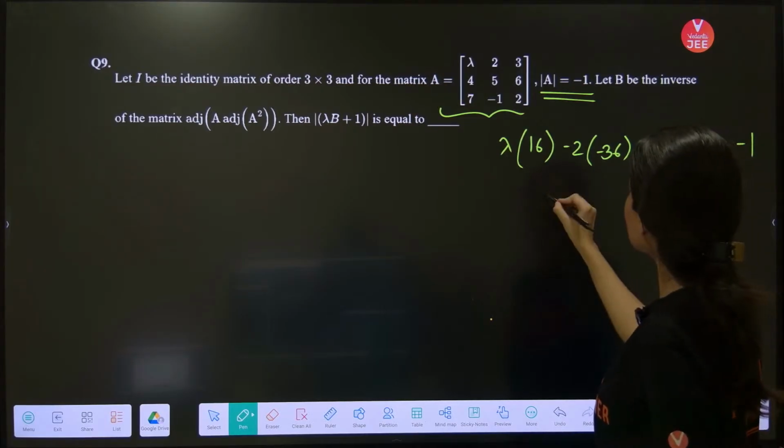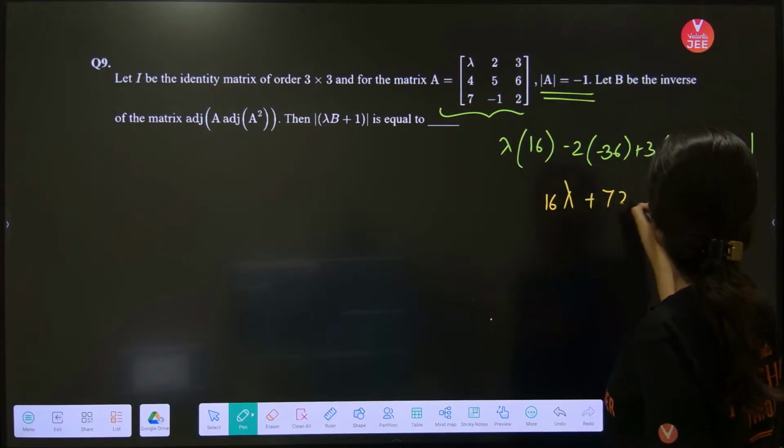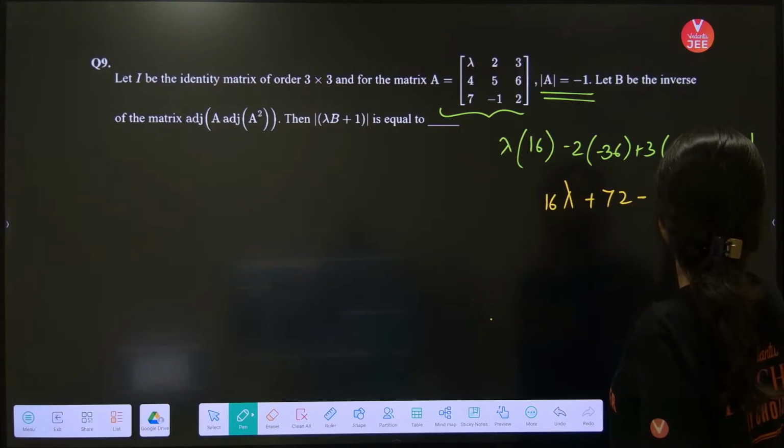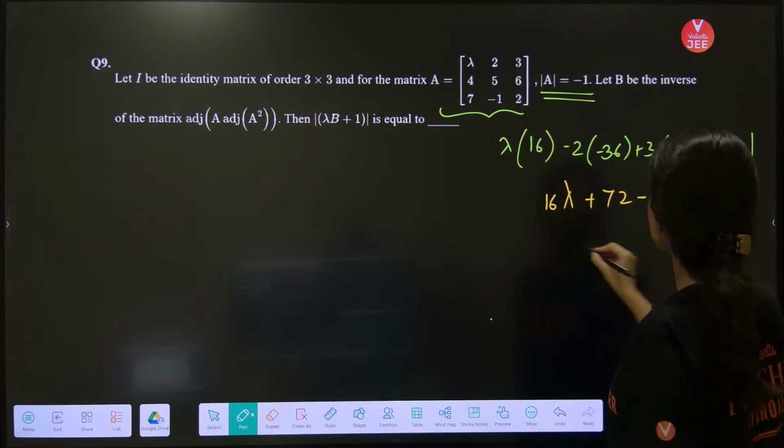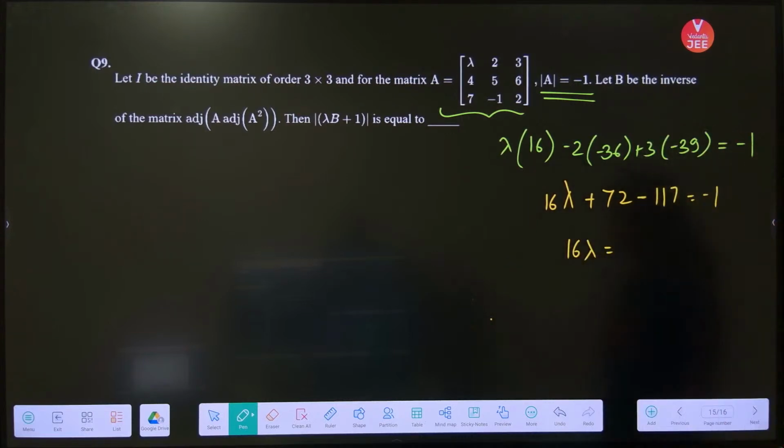So this is 16 lambda plus 72 minus 17 plus 8, 25, 25 plus 30 is 55.